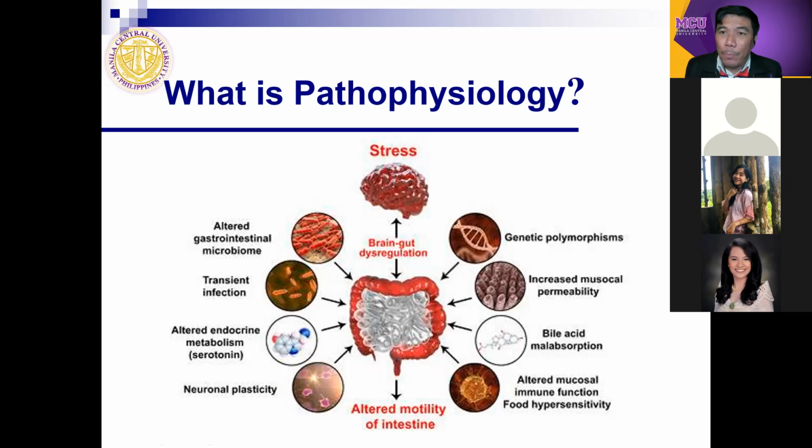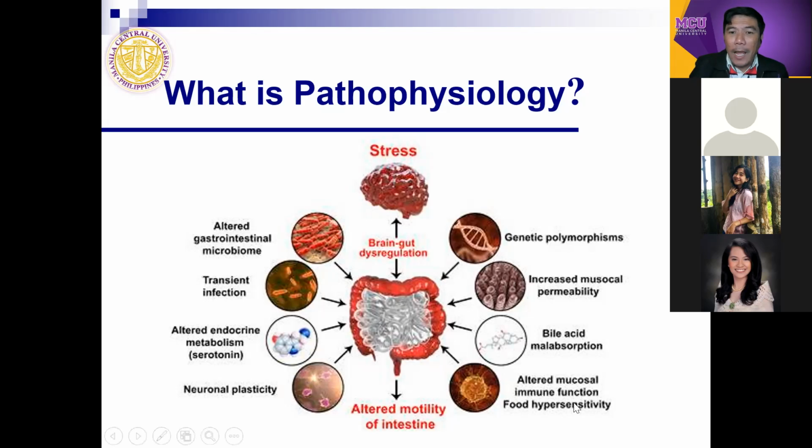Bile acid is very important for the breakdown of the excess fats, as a product of the breakdown of the food. So when there is bile acid malabsorption, there could be a possibility that the products of the digestive process may lead to fecal impaction, and that fecal impaction may lead to possible constipation.